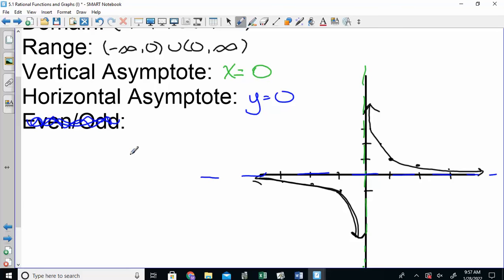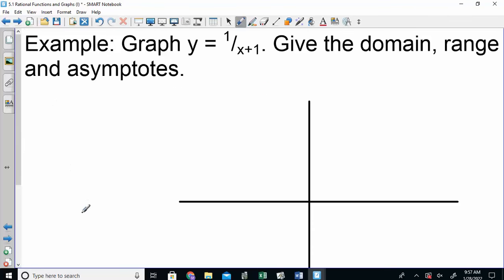When we use transformations with these functions, our asymptotes are going to get moved as well. So if I wanted to graph 1 over x plus 1, we could think about parent functions. We know 1 over x. We are not going to be very precise with these graphs. 1 over x looks like this, right?